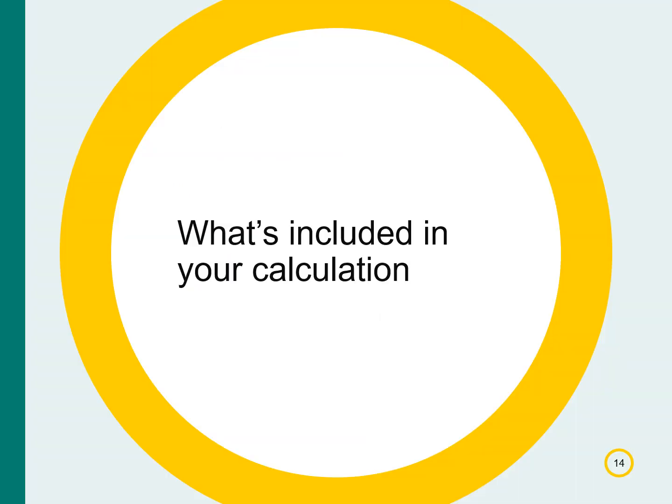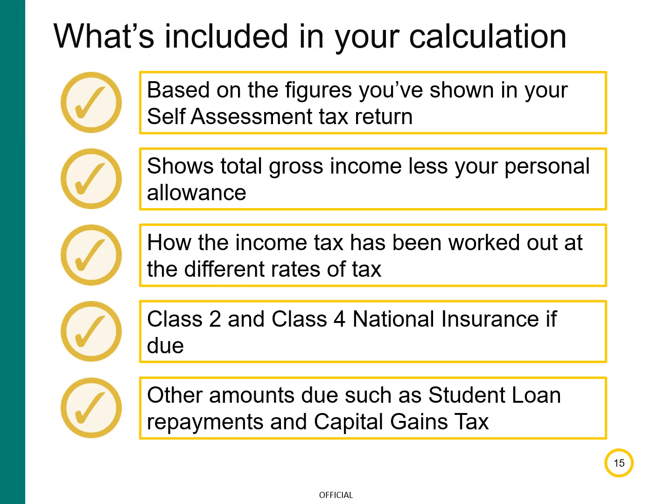Let's start by looking at what might be included in your tax calculation. Your tax calculation is based on the figures you've shown in your self-assessment tax return. It will show your total income before tax, less your personal allowance, and how we've worked out any income tax due on that total income at the different rates. These rates may vary depending on where you lived in the UK for most of the 2023 to 2024 tax year.